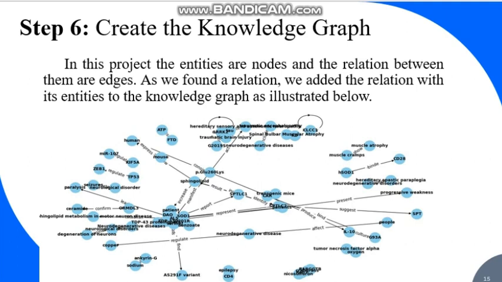So I was just talking about the ALS node: you can see there are so many nodes around it, so many entities around it, and most of the entities are related to ALS. It means that our project and our algorithms do some relation extraction from the abstracts, and some entities are related to ALS.